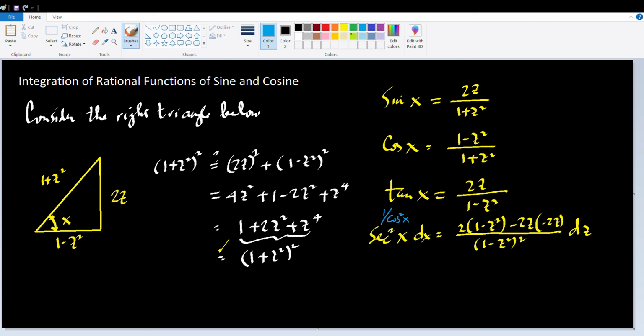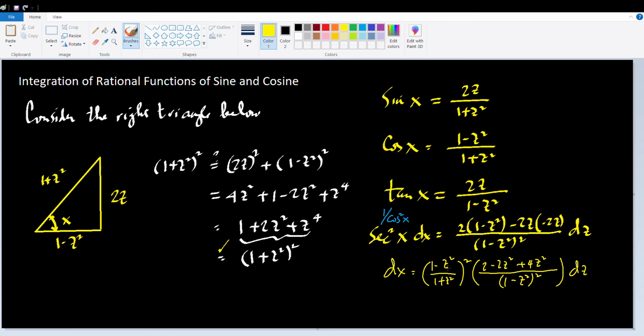So that will be dx equal to cosine squared x. We cross multiply. But cosine x is 1 minus z squared all over 1 plus z squared, quantity squared, multiplied by, the numerator is 2 minus 2z squared plus 4z squared over 1 minus z squared, quantity squared, dz.